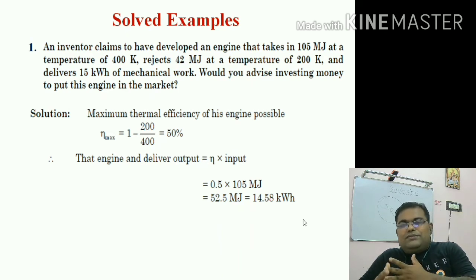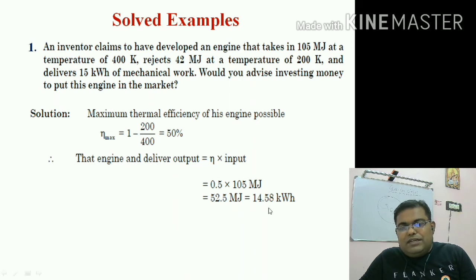But this fellow is claiming that it is able to generate 15 kilowatt hour of mechanical work. That means what? No engine can be more efficient than a reversible engine. So this claim looks like a false statement. It's not going to be true, because no actual engine can deliver more work than a reversible engine.